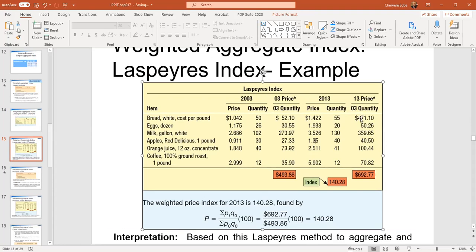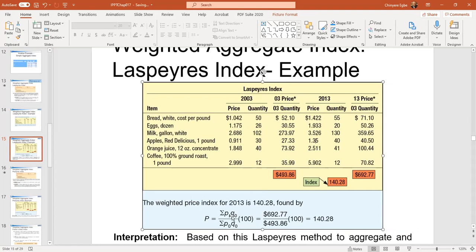And then we take the price of $1.93 and multiply it by 26 to get 50.26. And then this is one calculation.